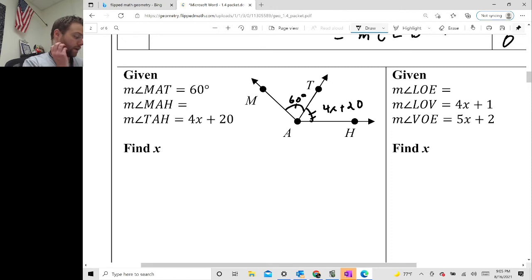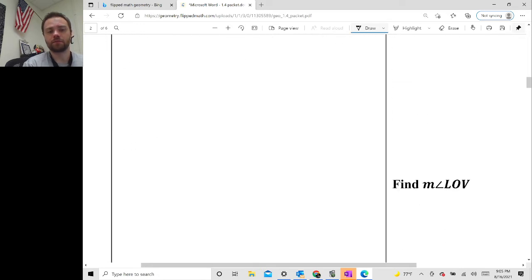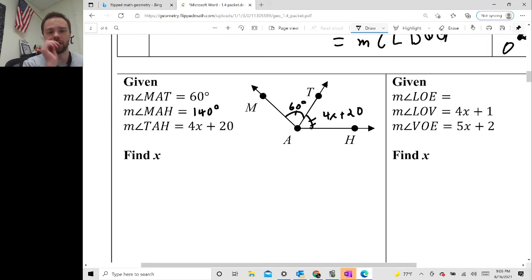And if you watch their videos, they give angle MAH to be 140. I'm not pulling that number out of thin air. That's what they intended to put there, but I guess they're hoping for some guided notes. So that's 140. And they want you to find x. So we are going to find x.